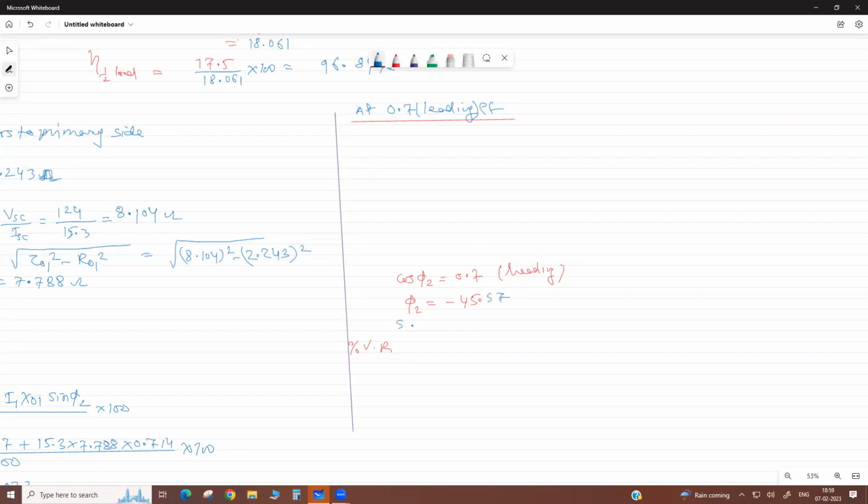Then if you calculate, sin phi 2 will be minus 0.71, a negative value will come, okay.